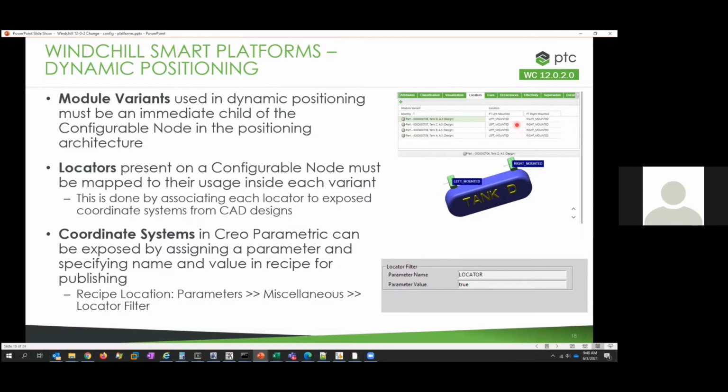And by mapping these coordinate systems against the architecture's locator, then we know whenever we assemble a fuel tank and it uses the left mounted locator, we use the coordinate system from tank D named left mounted. But if I use tank C, it'll use a different coordinate system that has the same name but exists in a different location inside of tank C. So this mapping allows us to interchangeably swap out which component or which module variant and still derive its resulting position.